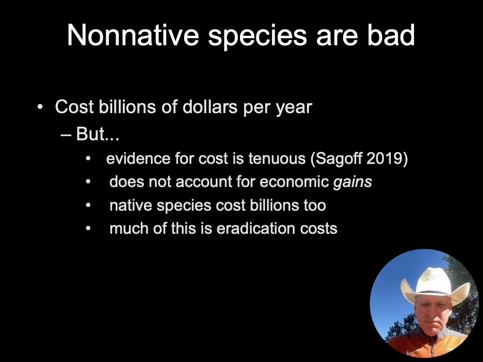And then an important aspect is that a lot of this is eradication costs, which is the cost to remove those species. If you didn't try to remove them, then they wouldn't cost so much. We're giving ourselves that cost when we say that they're costing billions.